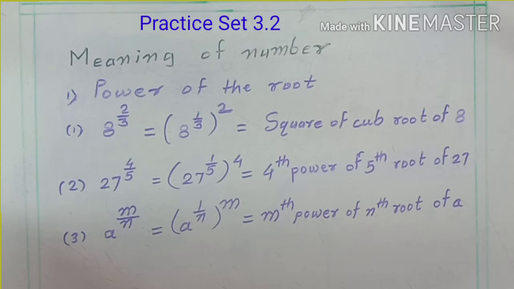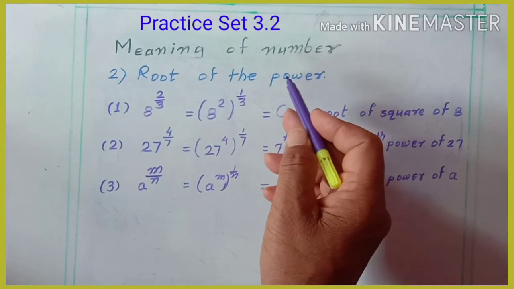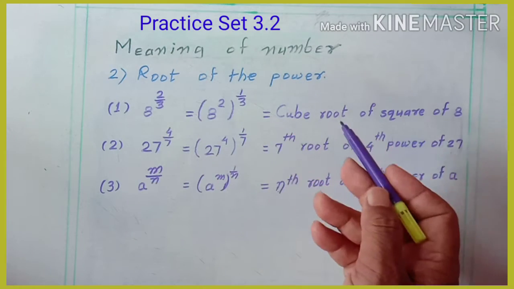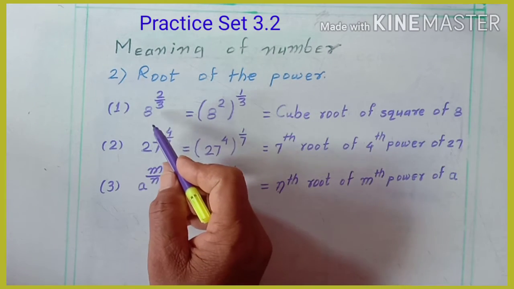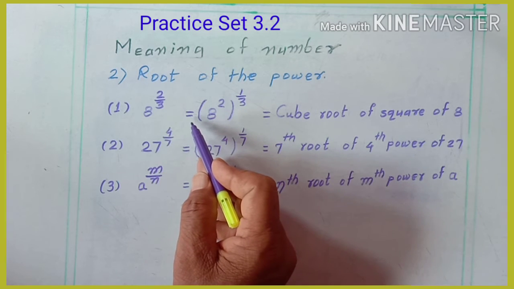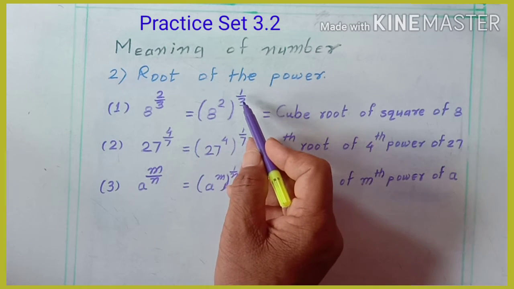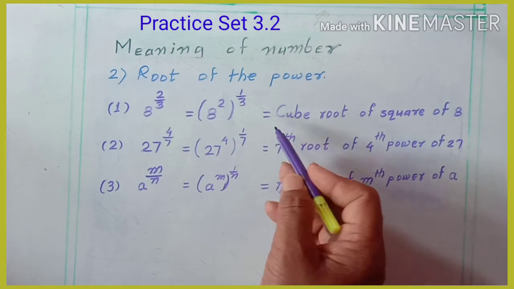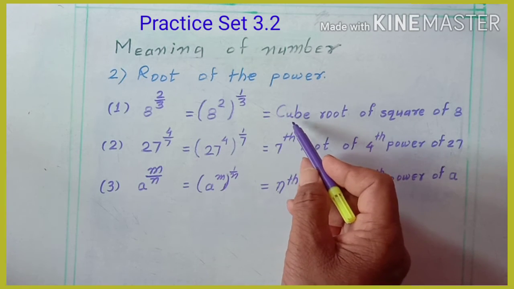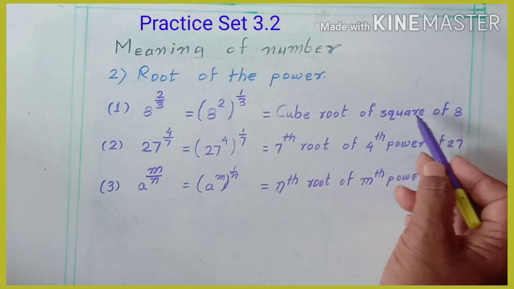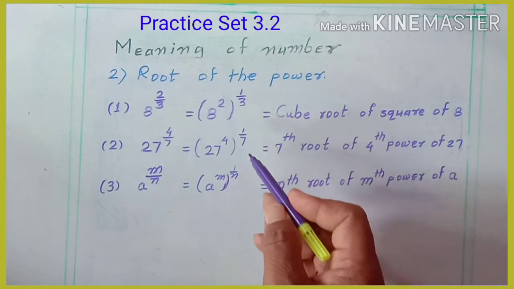Meaning of number 2, root of the power form. 1: 8 raised to 2 upon 3 is equal to cube root of 8 square, meaning cube root of square of 8.